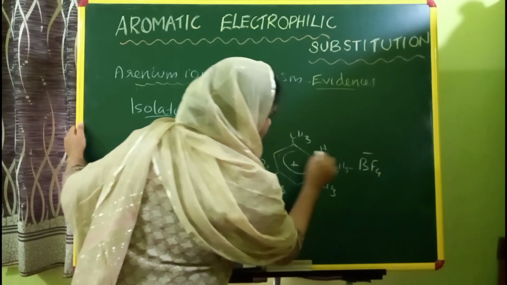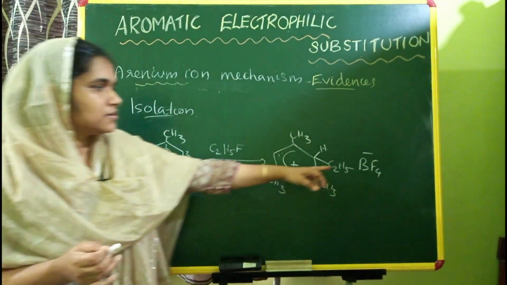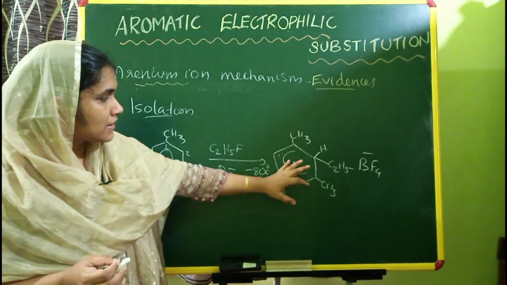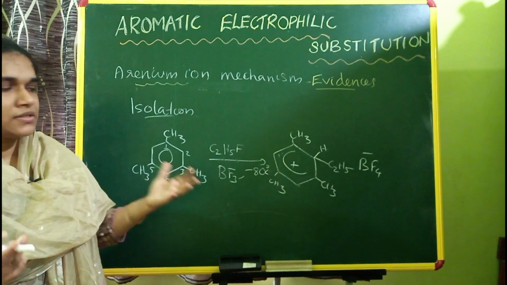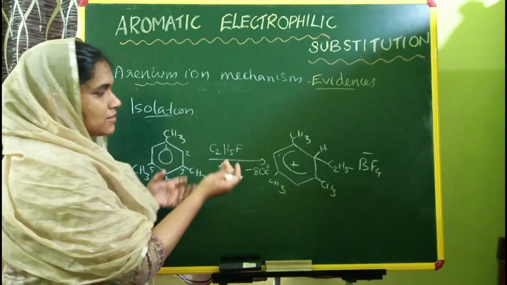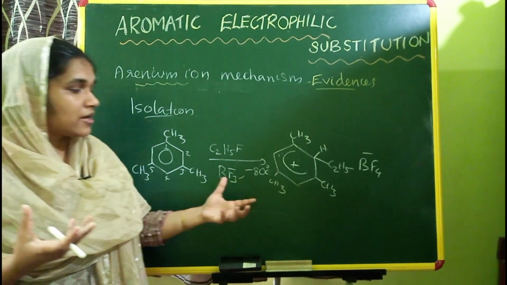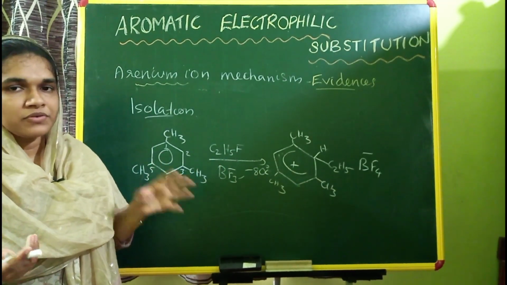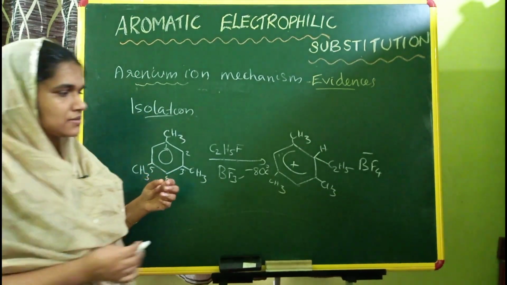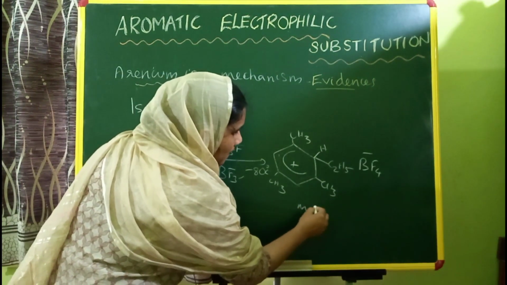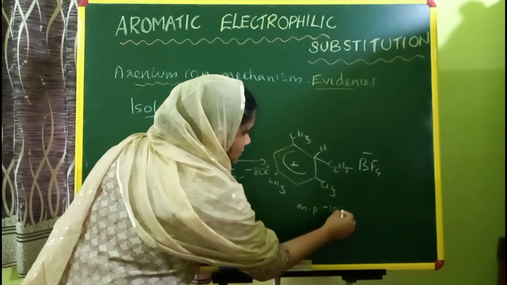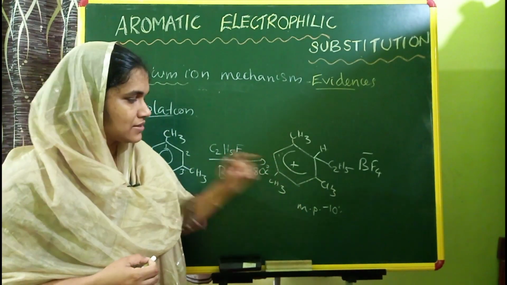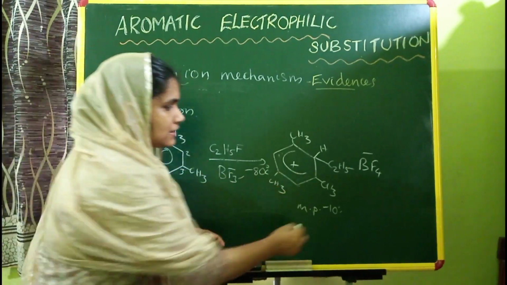This is the positively charged part, and this is its counter ion. This is actually an intermediate, but it can be isolated at a very low temperature, as a stable crystalline solid with a melting point of -10 degrees Celsius.